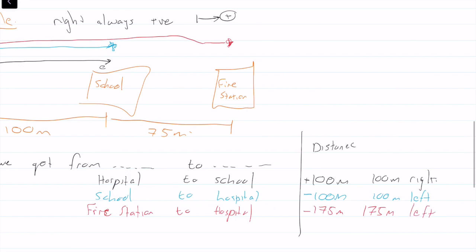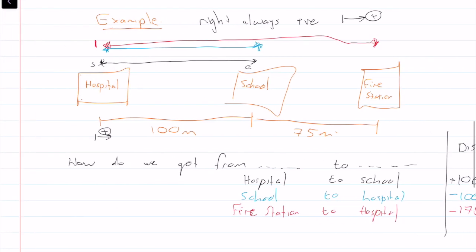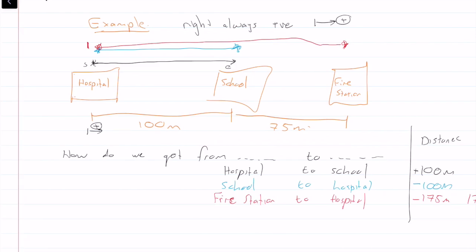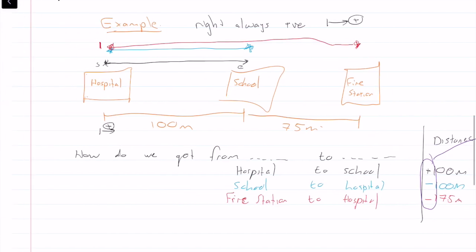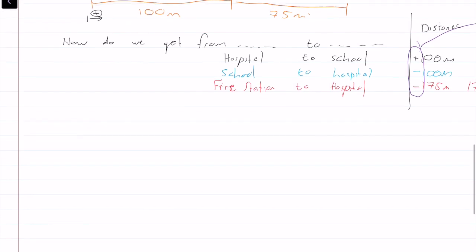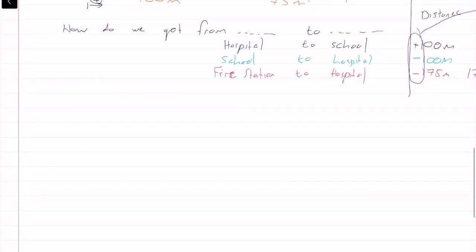What we want to show is that the pluses and minuses actually give us these directions. So plus is right and minus is left. That's probably the most important takeaway from this.